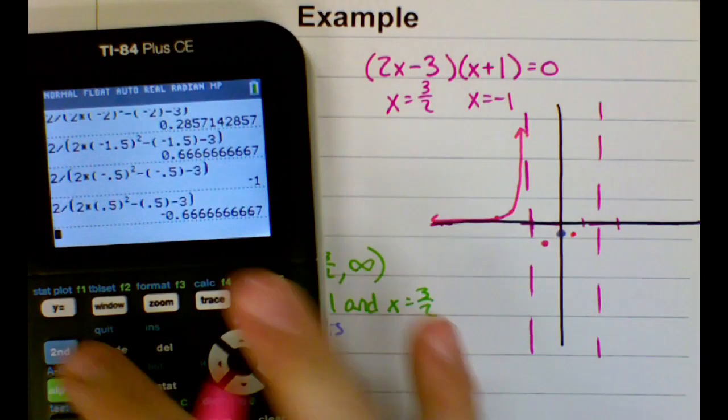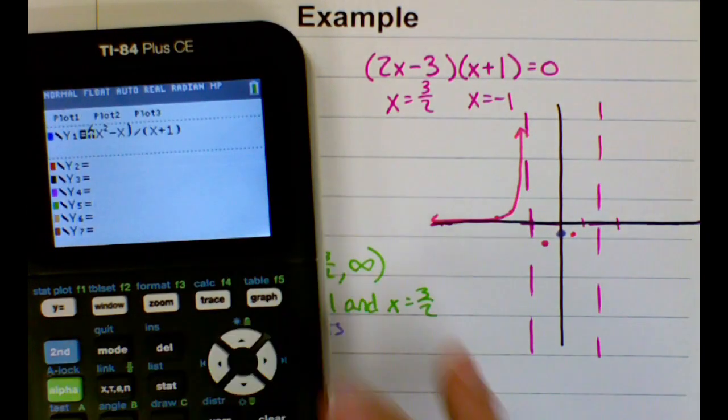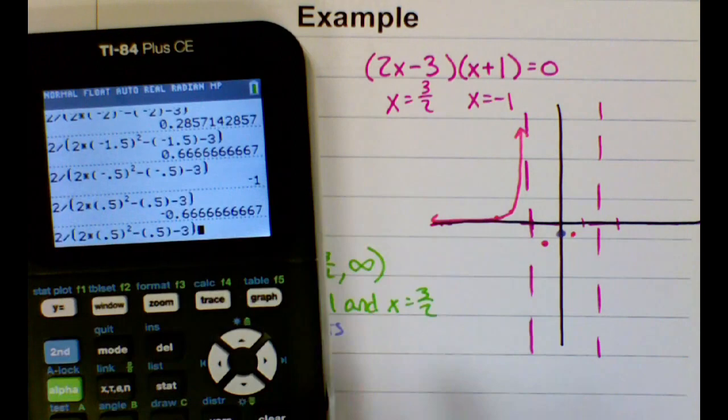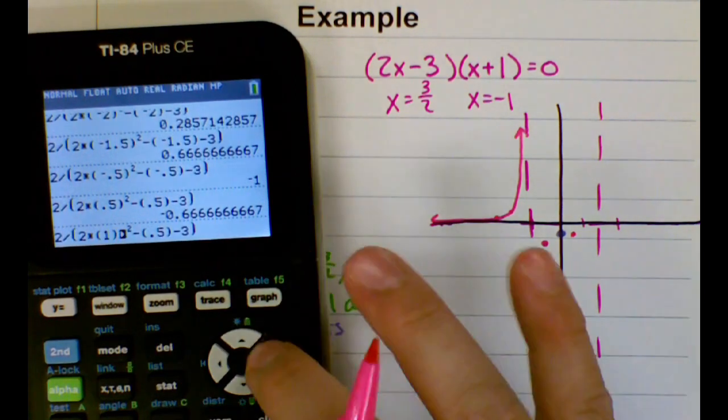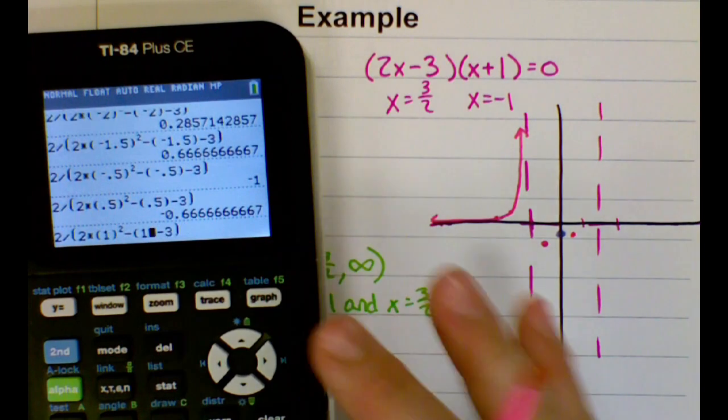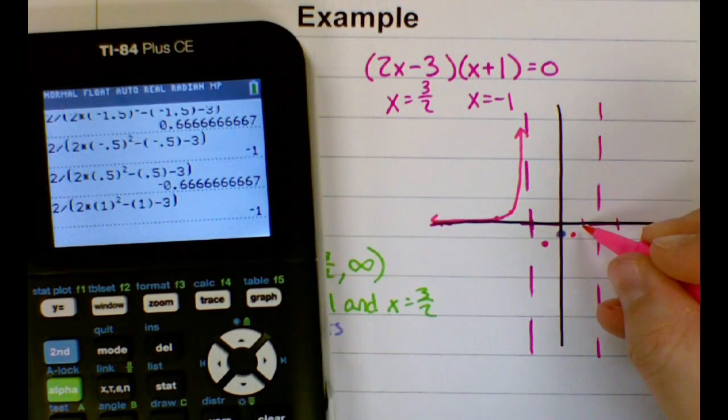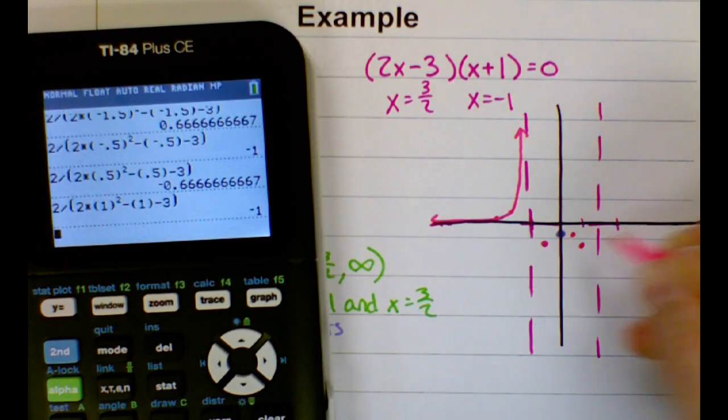Okay. Let's try positive 1. I get negative 1. I'm going back down.